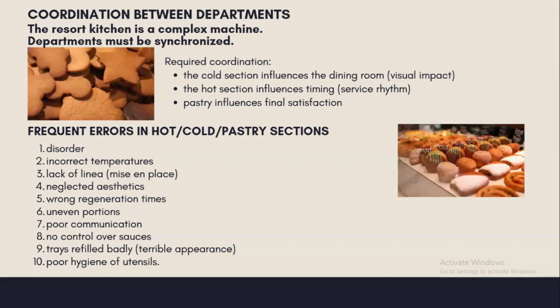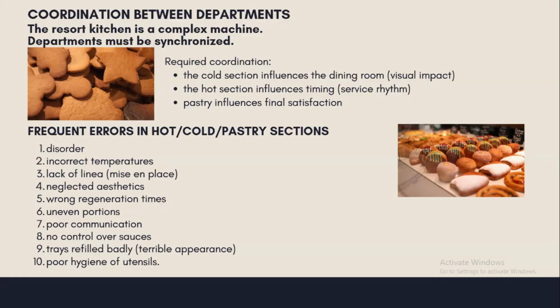Now, coordination between departments. We have looked at the 3 sections in the kitchen. You have to understand that there has to be coordination between these departments, even though there are 3 different sections. Just like how you have different parts of your body, they have different functions.